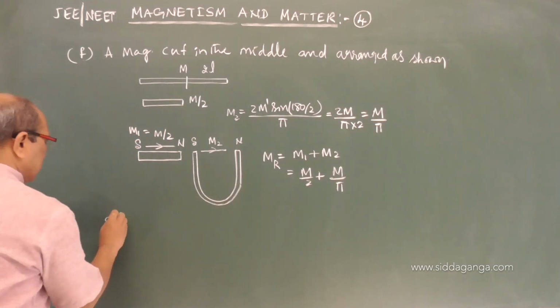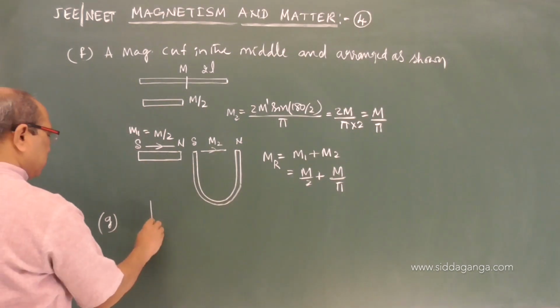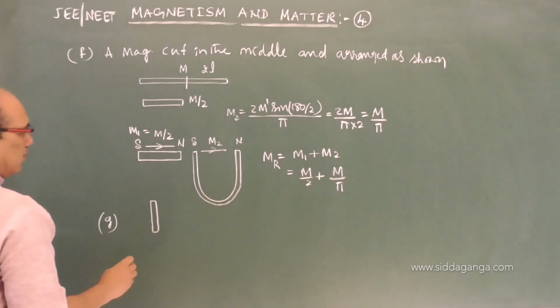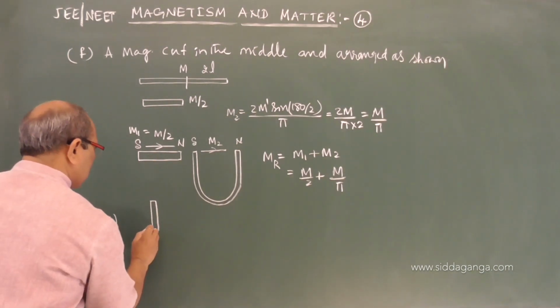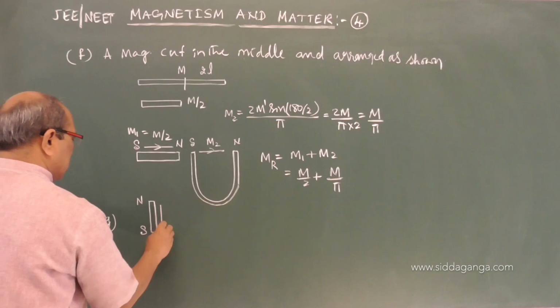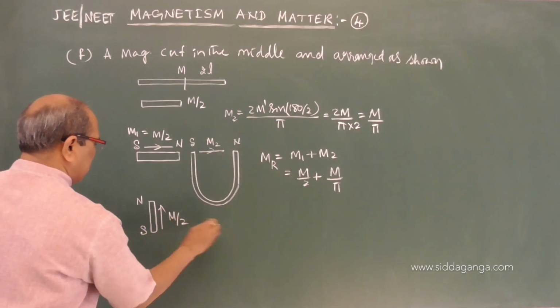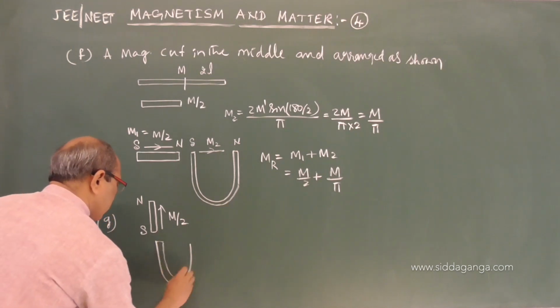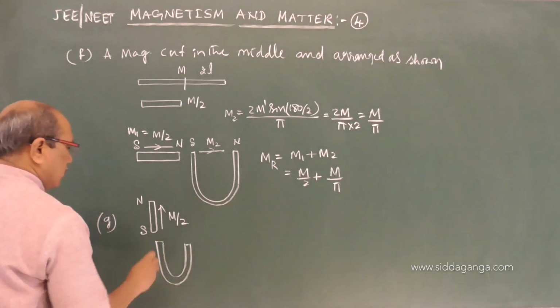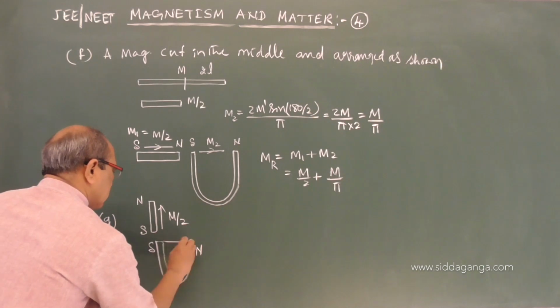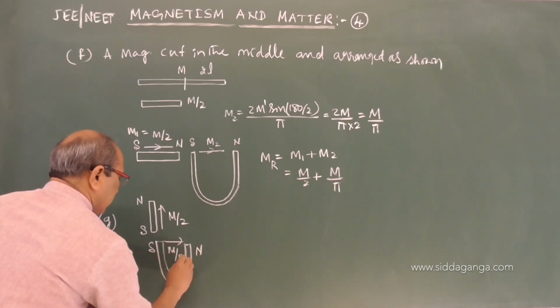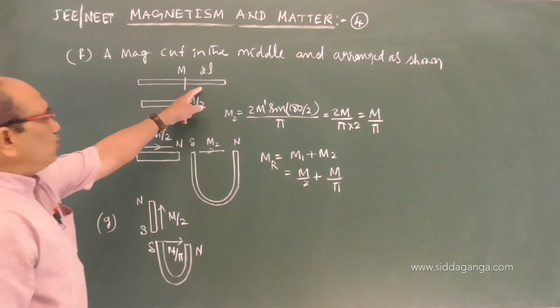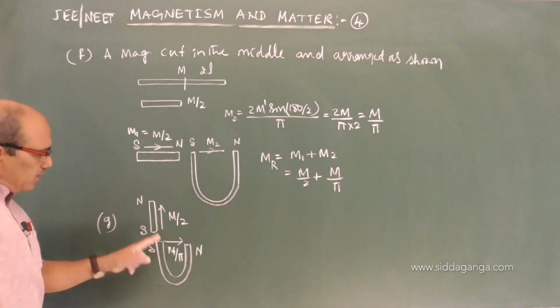Suppose the same arrangement is placed in this form, with the south and north acting upward, m by 2, and placed with this south and north as m by pi. Now estimate: cut into two pieces, arrange like this or arrange like this.